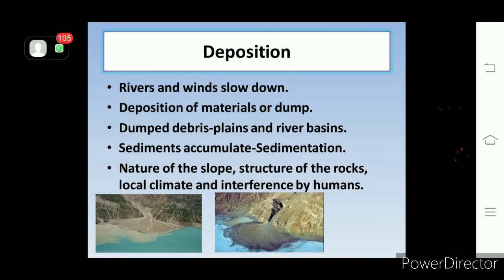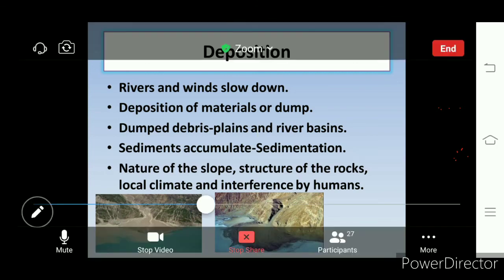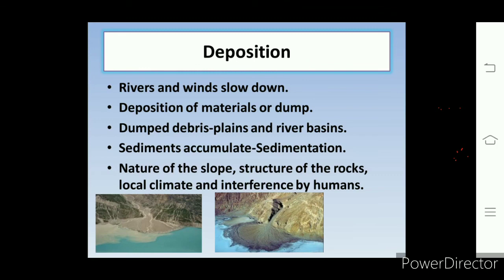So when the river and winds slow down, they do not have the force to carry the material anymore, so they dump. Dump means they deposit. They dump the carried particles at a place, and that is called deposition.